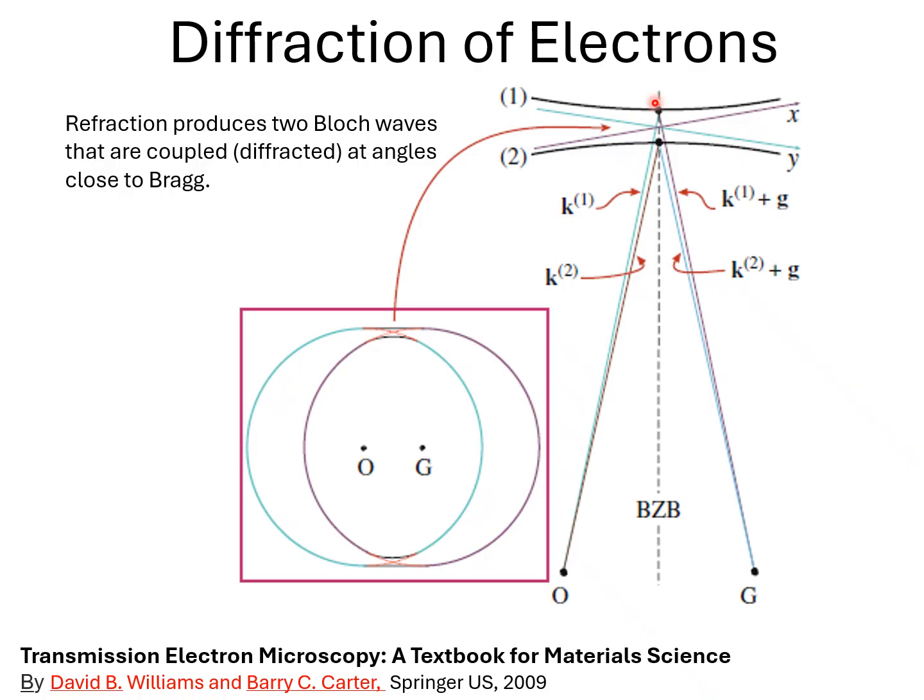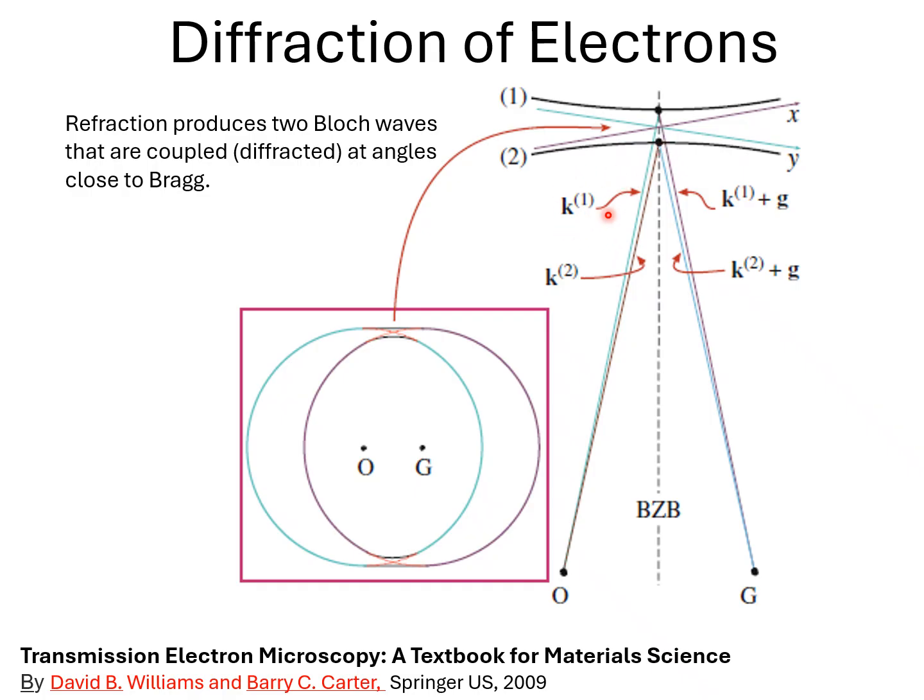We have a larger vector than what would be the case for the kinematical case, where you have no dispersion. So these two waves, when you're close to Bragg, are coupled, and we have an interaction. So we have a number of possibilities.